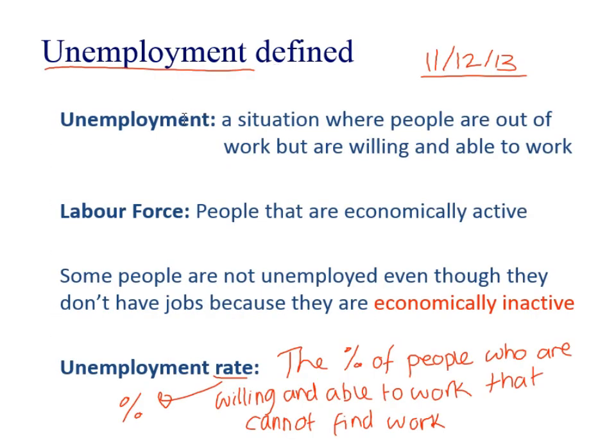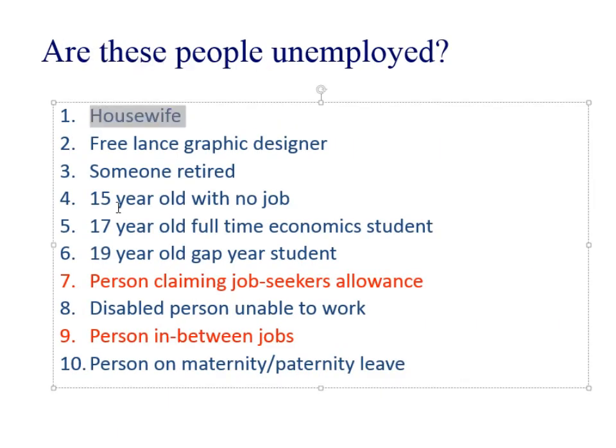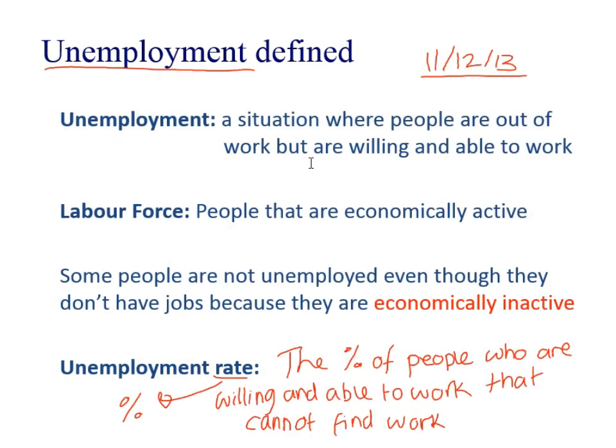That's because the definition of unemployment is a situation when people are out of work but are willing and able to work. So someone that's, say, a housewife, okay, they're not in paid employment, but their job is maybe raising children or looking after the house. And so they're not actively seeking paid employment, so they wouldn't constitute unemployed.